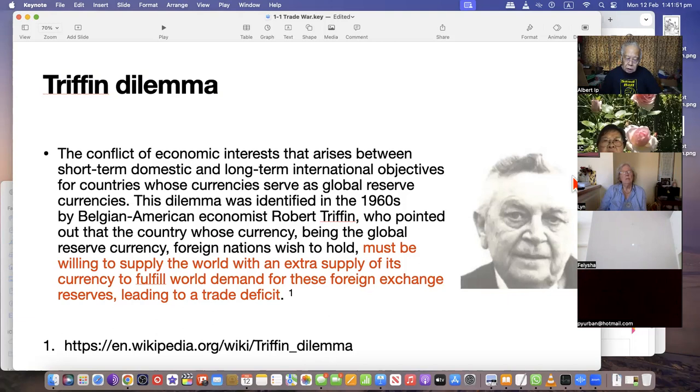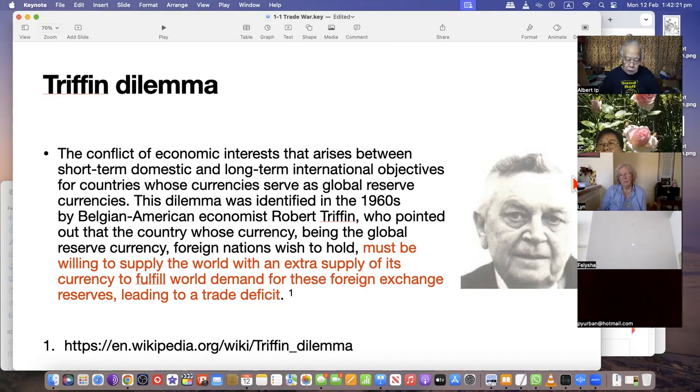We need US dollars circulating outside the United States in order to allow the US dollar to be a trading currency and a reserve currency. So if your country remains in trade surplus, that means you're collecting more currency than you send out. So your currency cannot become a global reserve currency.